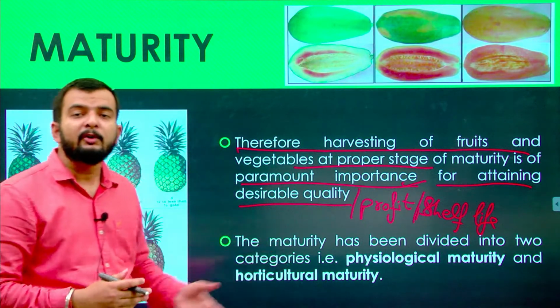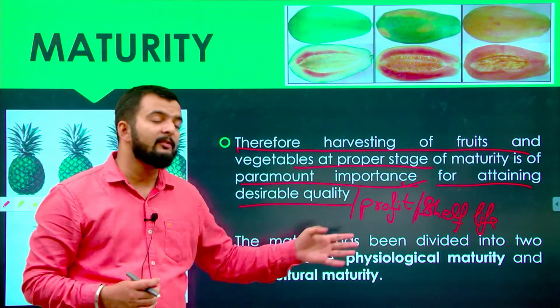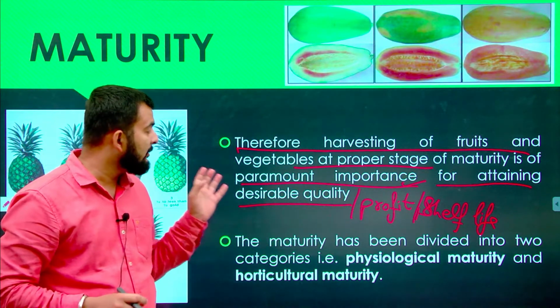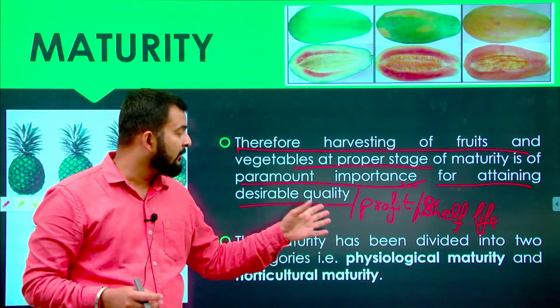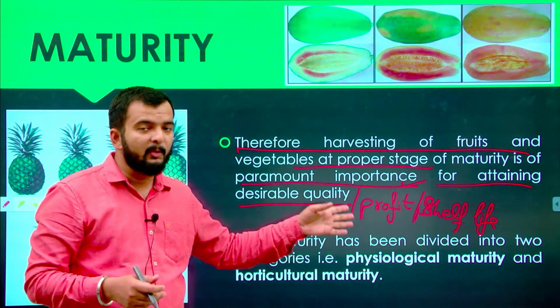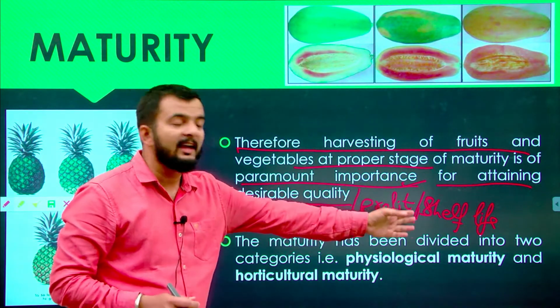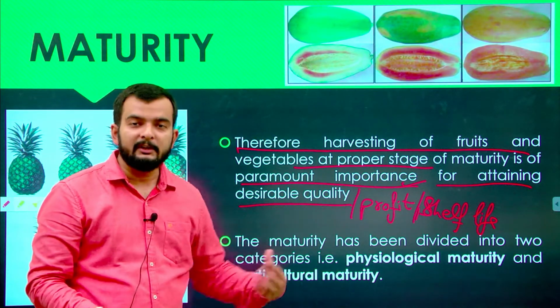So in order to get proper quality, proper profit and a desirable shelf life, you need to pluck it at the right time. Why so? Because if the desirable quality is not there, again the customer will not buy your fruit. Moreover, profits will not be there because the yield will also be lower. Then it will have a lower shelf life because it is harvested too early or not fully grown.